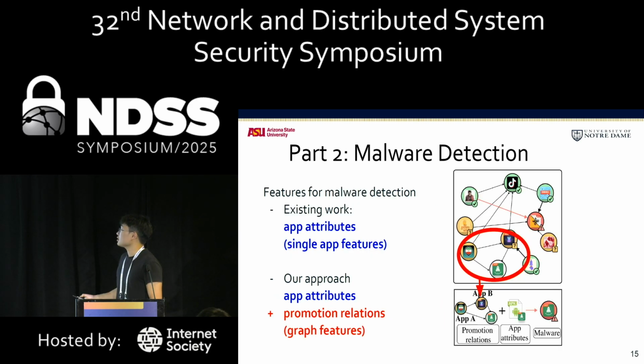For the second part, existing work only uses app attributes to detect malware, such as API calls or features derived from the binary code. Apart from that, our approach also uses the promotion relations extracted from the app promotion graph. We extract them, represent them, and combine them with attributes to detect malware.